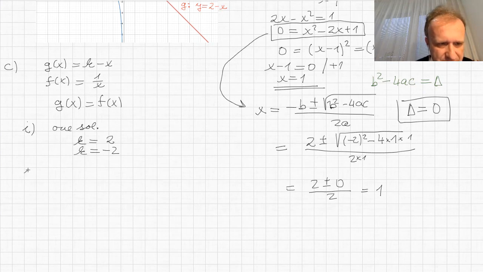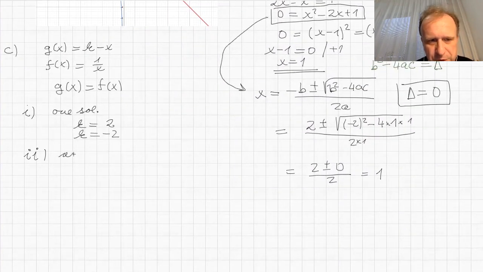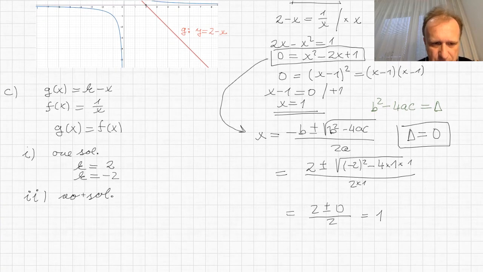Now, as for the second part, which asks us for no solutions at all, there are no solutions when k is between -2 and +2. So I may say that k is less than +2 and greater than -2.